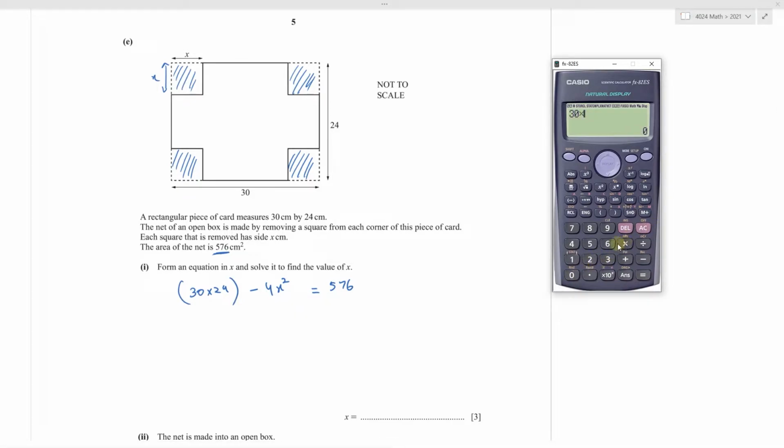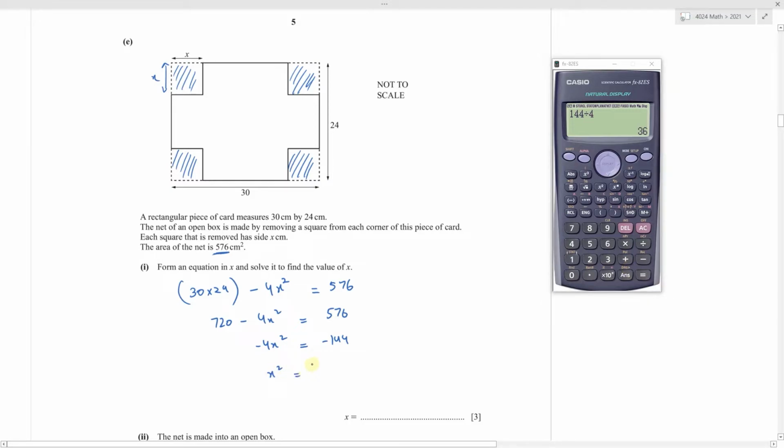So 30 times 24, 720 minus 4x square equals 576, and 576 minus 720 gives minus 4x square equals minus 144. Minus minus cancel out, and then 144 divided by 4 is 36.